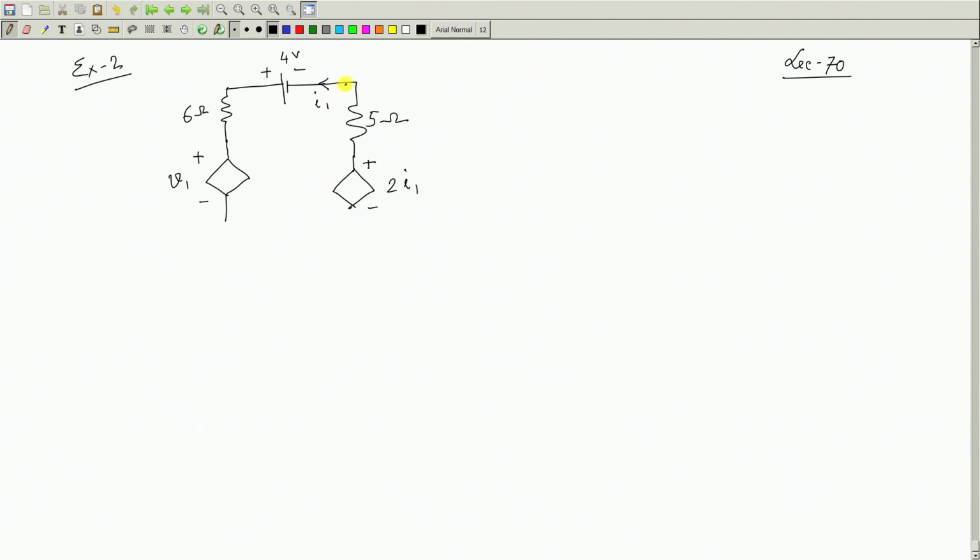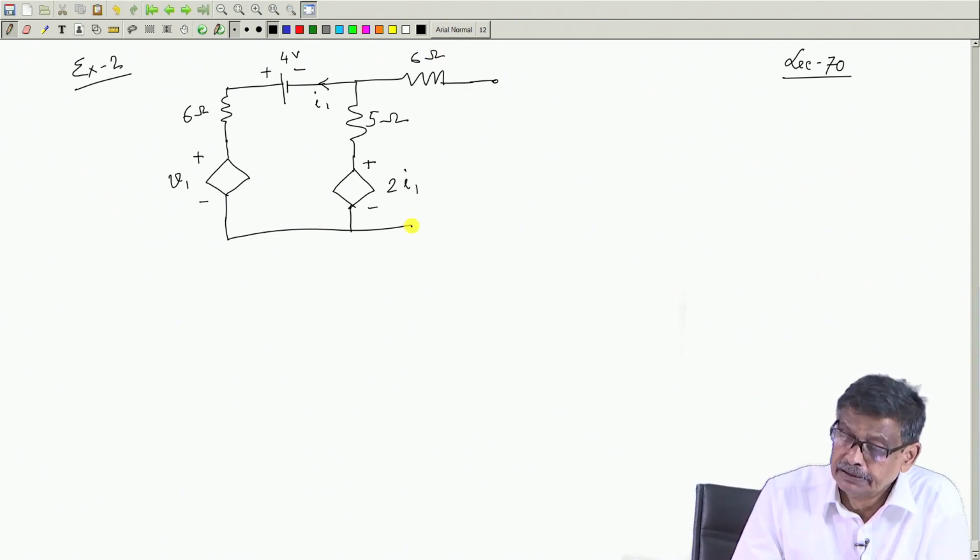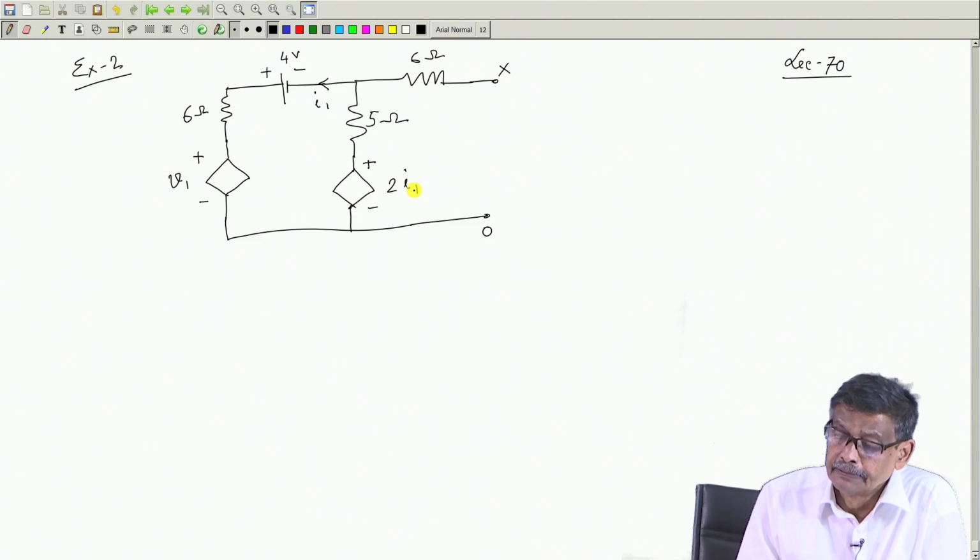Whenever 1 ampere flows this way, it will be a 2 volt source coming into the network, and finally, here we have a 6 ohm resistance, and these are the 2 points where I would like to connect some load and find out the currents there.